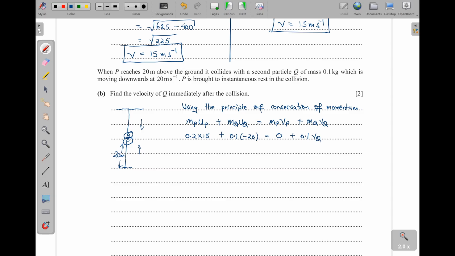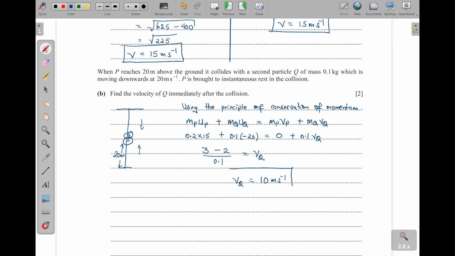0.2 times 15 gives us 3, then this one will give us 2. Then we shall divide by 0.1 to get VQ. Now, VQ here, 3 minus 2 is 1. Divide by 0.1, you get 10 meters per second.